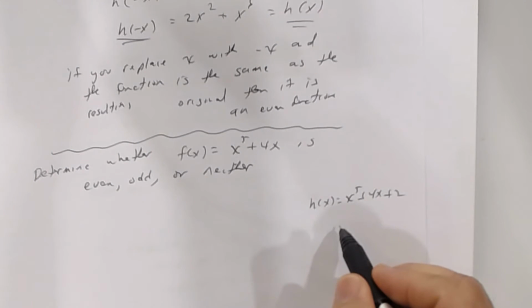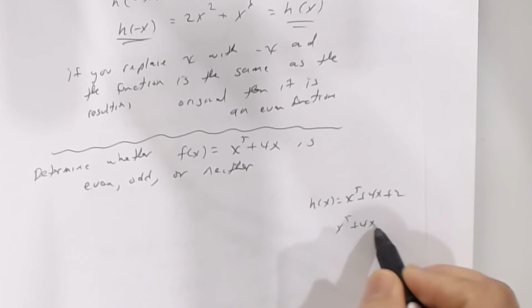So I can write this as x to the fifth plus 4x plus 2x to the 0, and I'm going to ask you, are all of these exponents odd? No. So if you have a mixture of odd and even, then you say neither. So adding a constant, remember when we did that x cubed and moved it up, it was no longer symmetrical about the origin? Okay, so you got to remember some things visually that we talked about to help you with this.